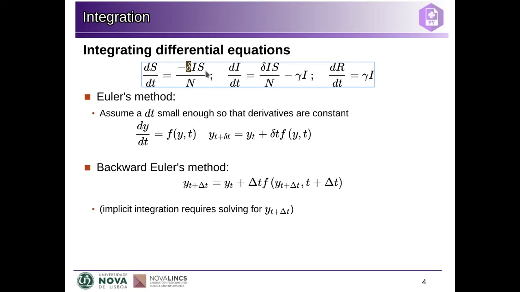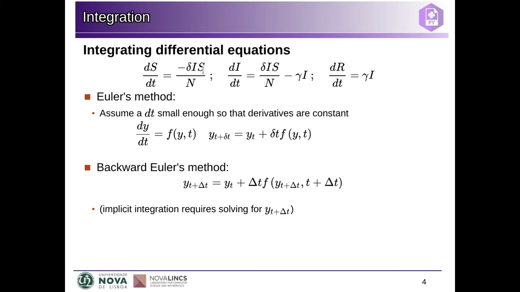And then the probability of a susceptible person having contact with some infected person will depend on the proportion of infected people in the population. So this I, the number of infected people, divided by N, the total population size. So this gives us how the number of susceptible people is changing over time, depending on how many susceptible people there are.